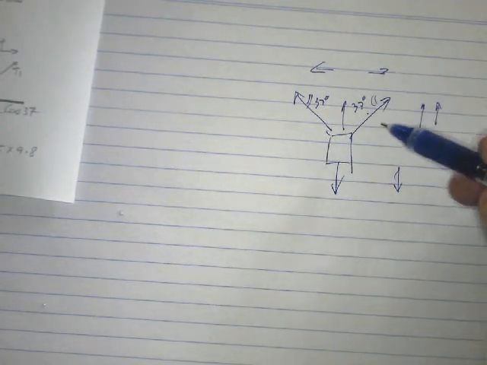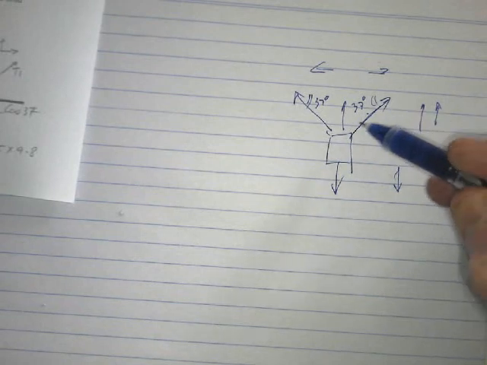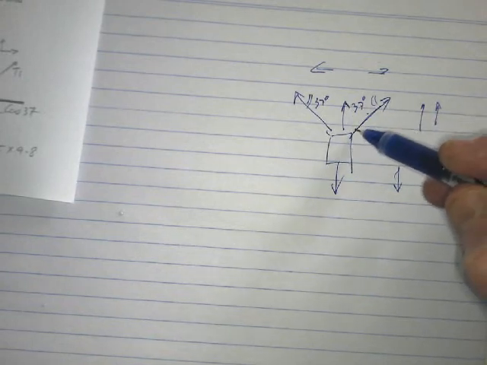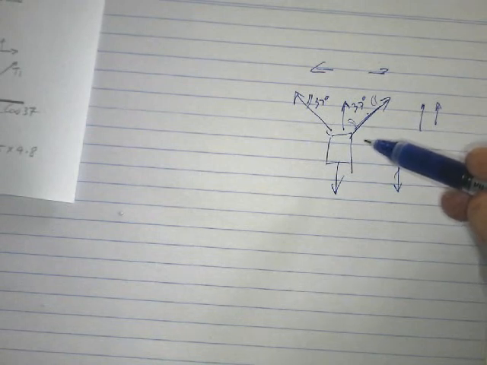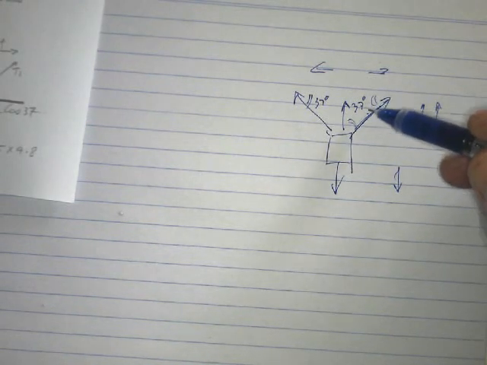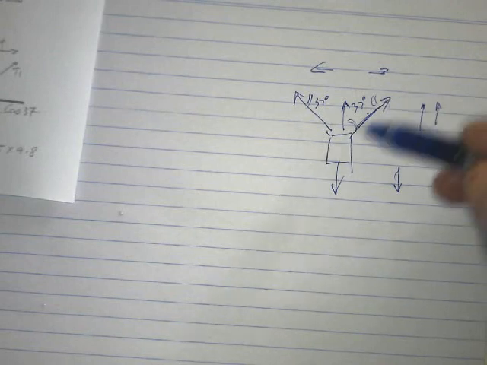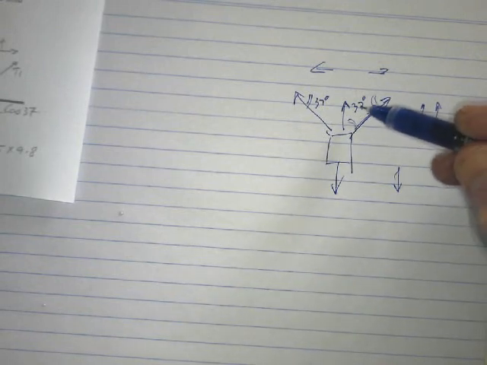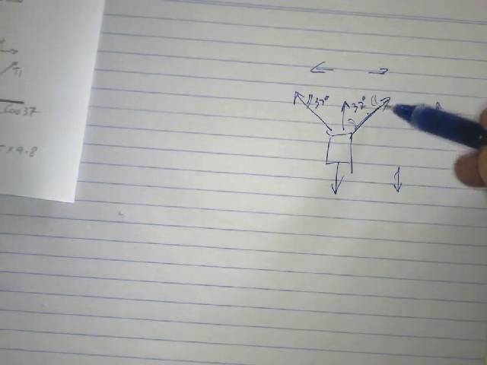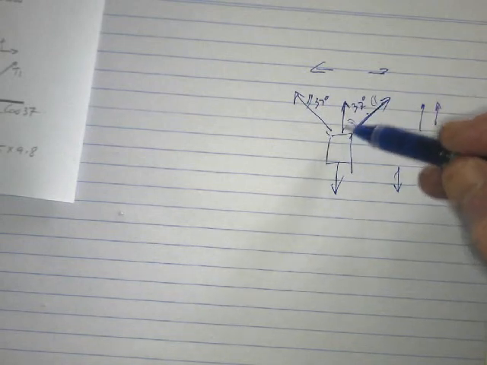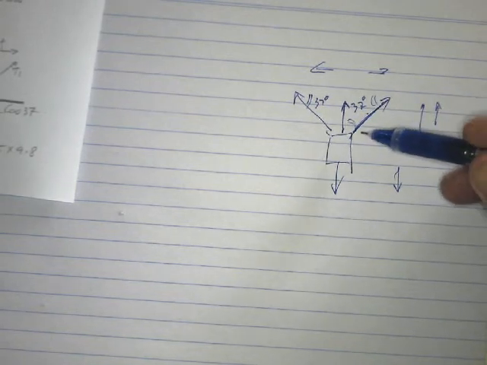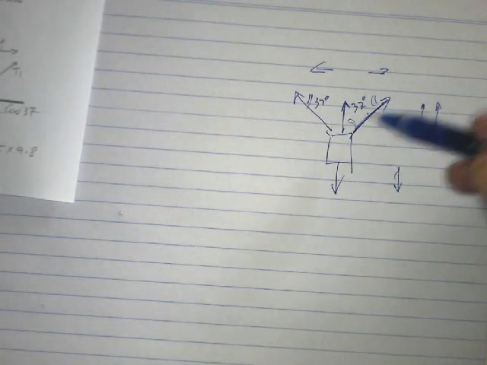So then you say, okay, if that's the direction of the T, then the bit upwards is T times the cos of this angle. Okay, but that's T times the sine of this angle. It doesn't really matter how you do it. You either do it with 37 and say, if that's T and this is the opposite side of the triangle from that angle's perspective, then it would be T sin 37.